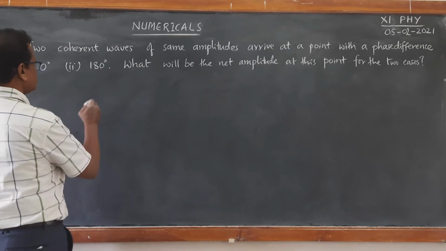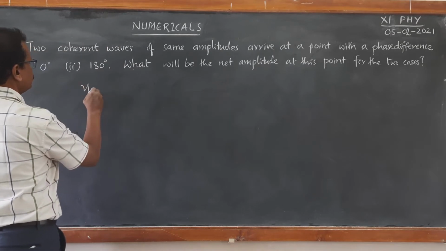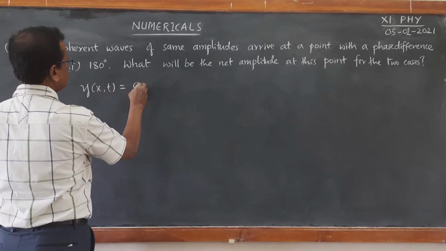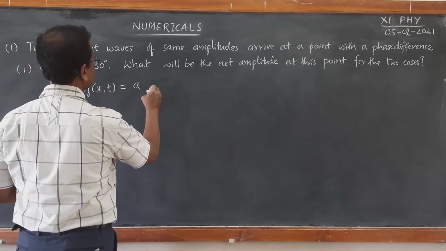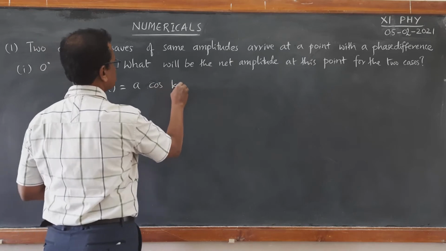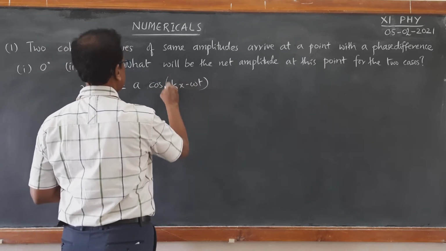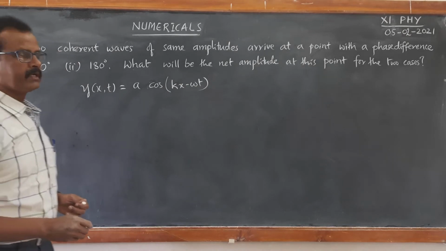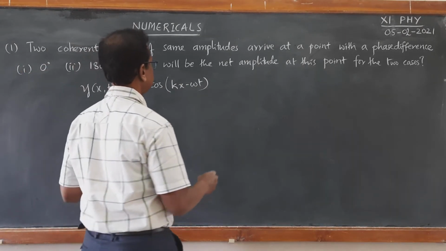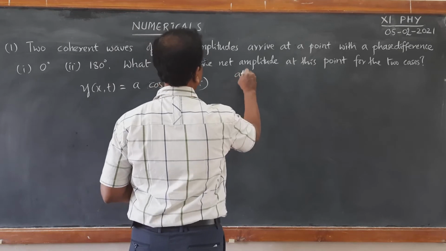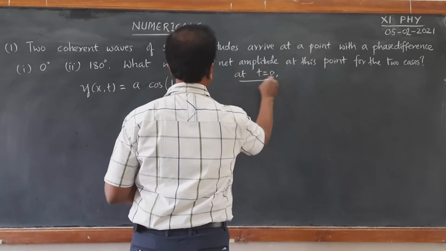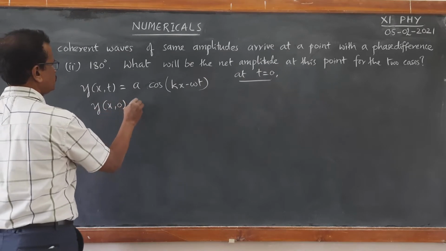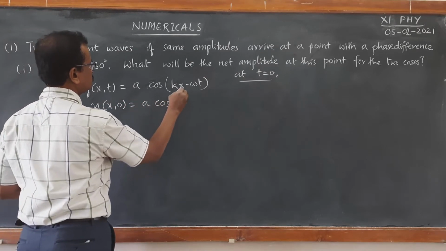Now, let us write the equation for such waves. We know that for such waves, y(x,t) is equal to a cos(kx minus omega t). Let us say at that point time t is equal to 0. At t equal to 0, y becomes a cos kx.